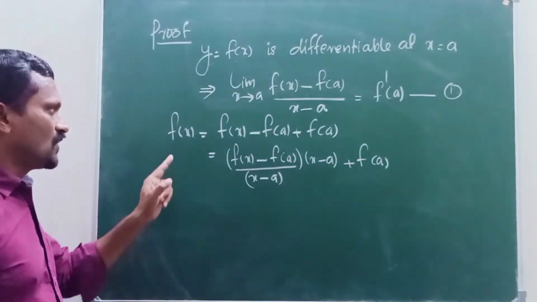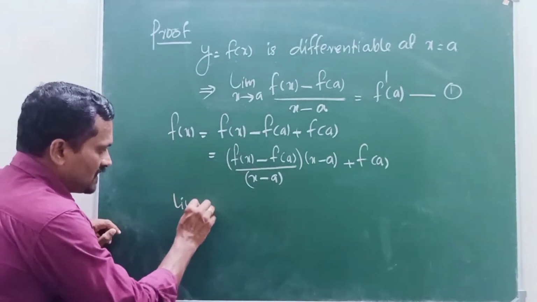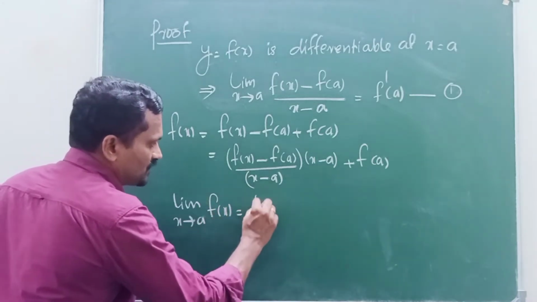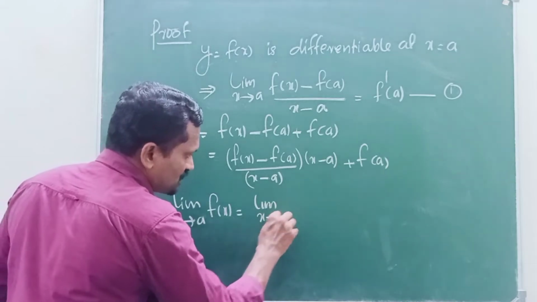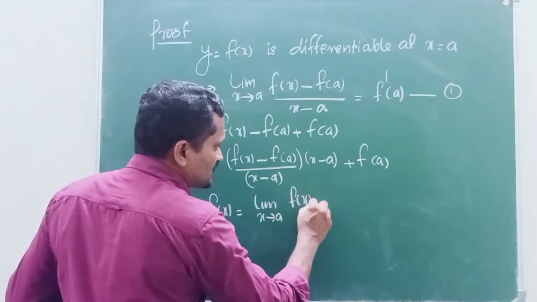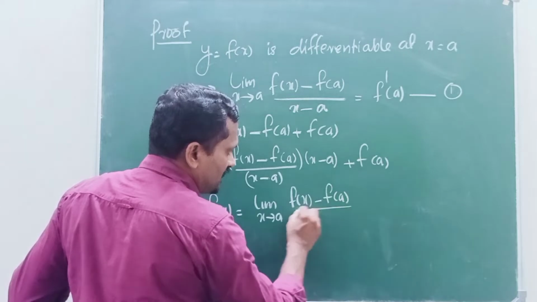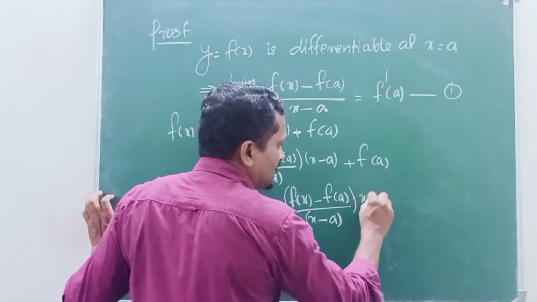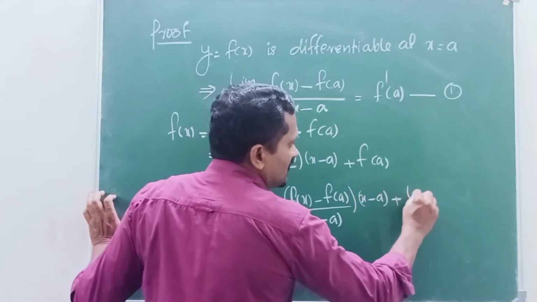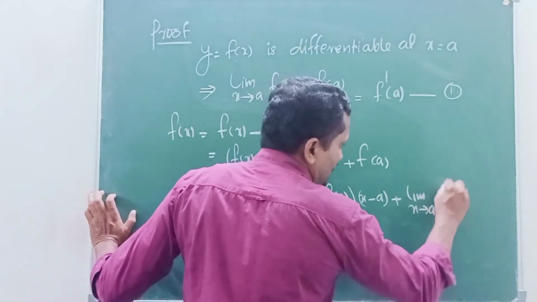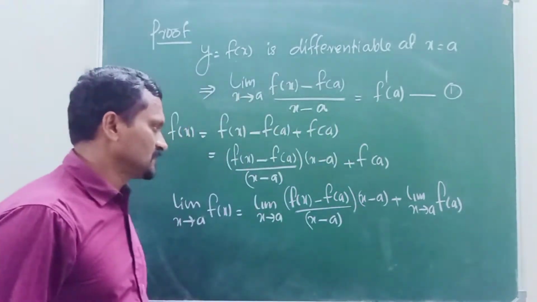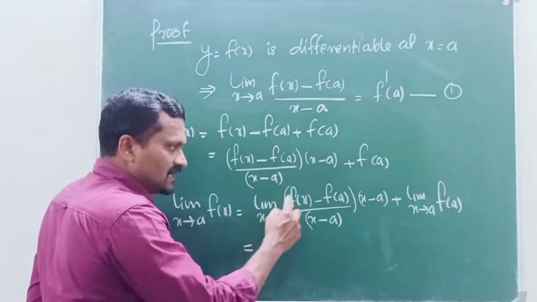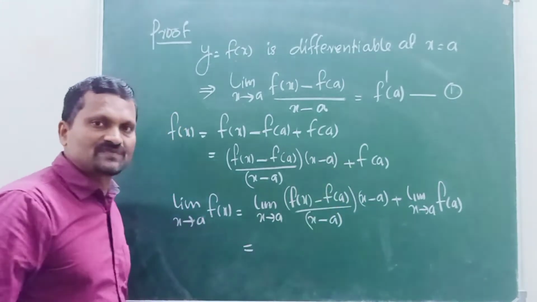Take the limit on both sides, that is, limit x tends to a of f of x is equal to limit x tends to a of (f of x minus f of a) divided by (x minus a) into (x minus a), plus limit x tends to a of f of a. The limit of the product means limit of the first function into limit of the second function.